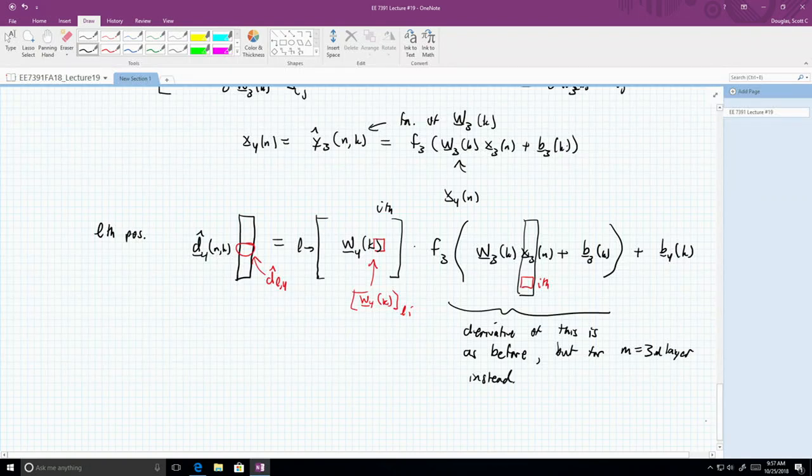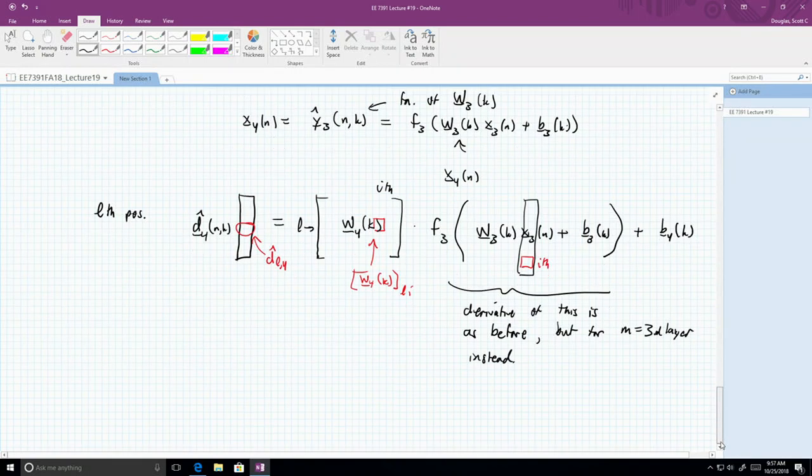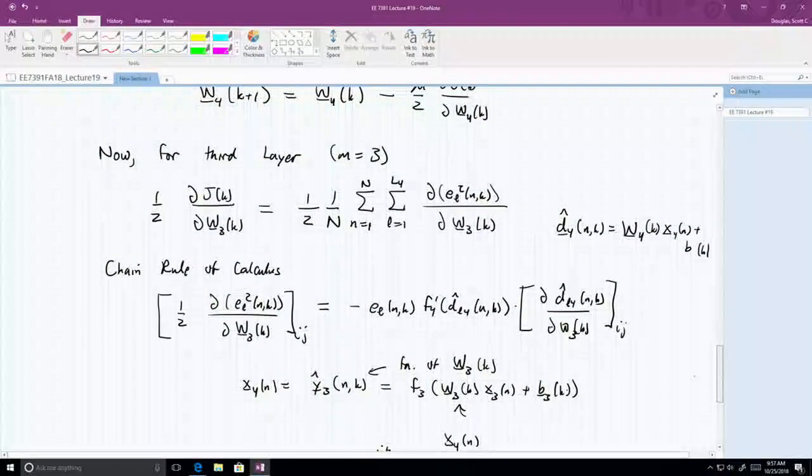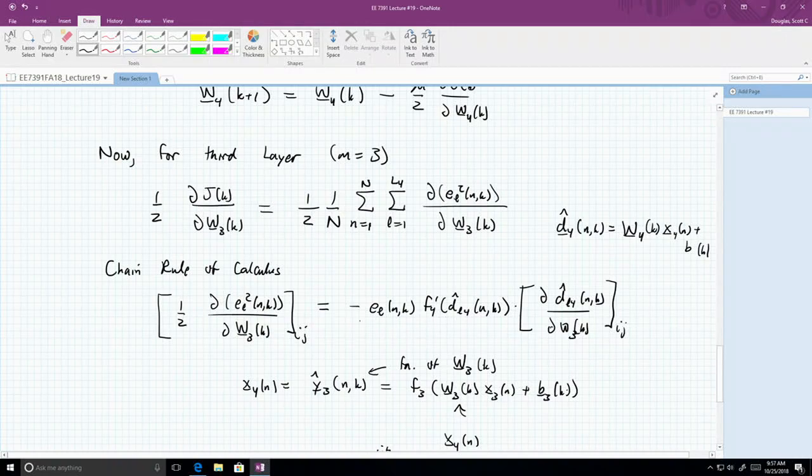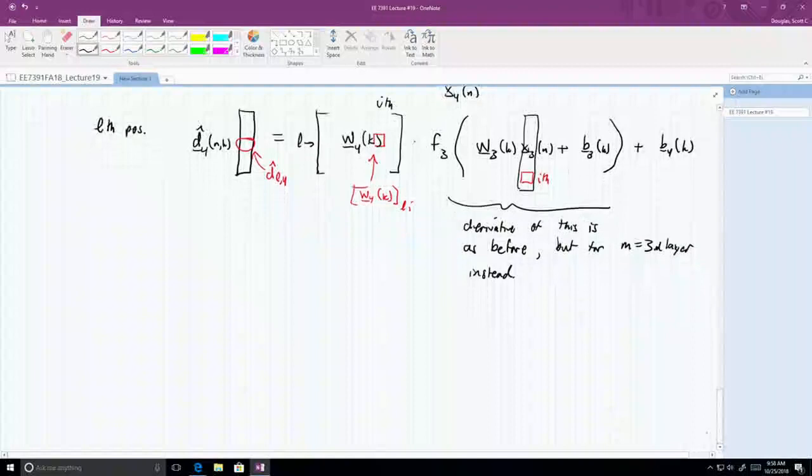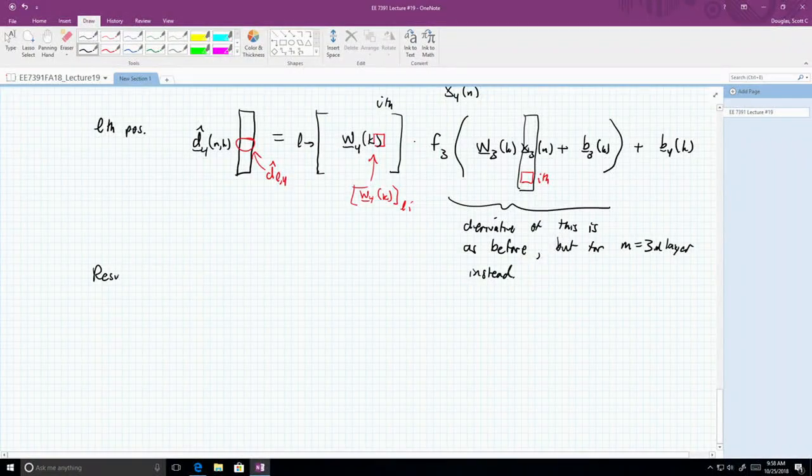So my calculations I did before apply here, just with one index down. So the end result of this means I have to deal with these weights, and I have to deal with a derivative that's moved down, and I have to include the effect of these derivatives that I have over here, right? The EL and the F4 prime. And the end result is, I have to actually use the W4 weights to compute the gradient for the third layer.